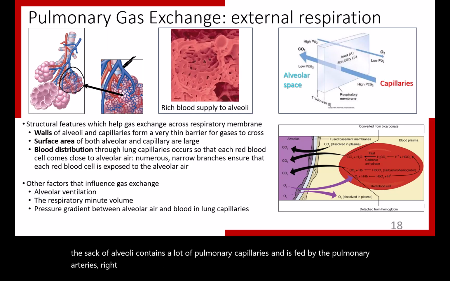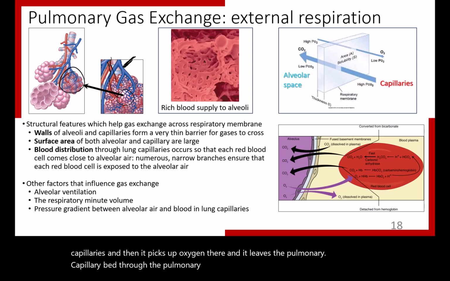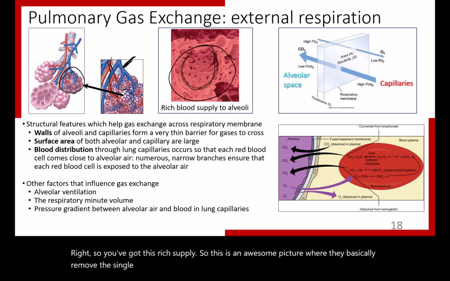Deoxygenated pulmonary arteries or arterioles go into the pulmonary capillaries, and then it picks up oxygen there and it leaves the pulmonary capillary bed through the pulmonary veins, right? So you've got this rich supply. This is an awesome picture where they basically removed the single layer alveoli sac from here. And so you can see that it's got lots and lots of capillaries all around the alveoli sac that you can see over here.